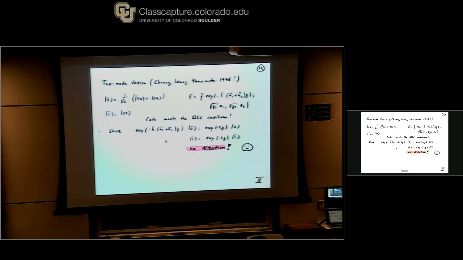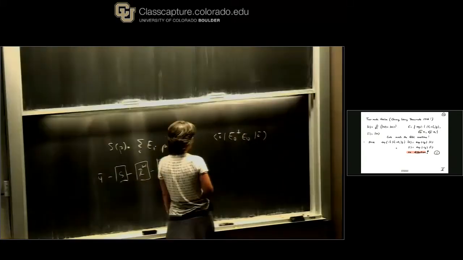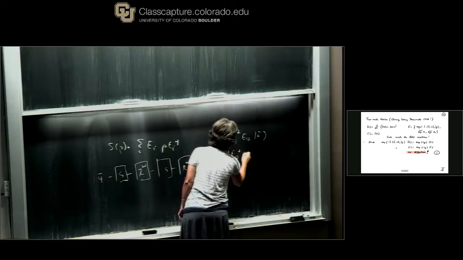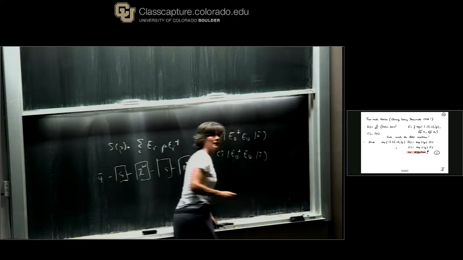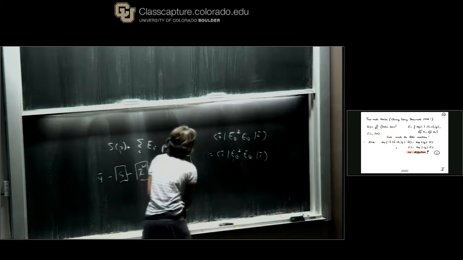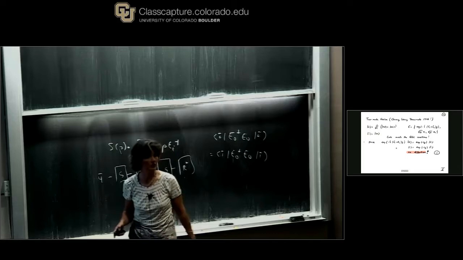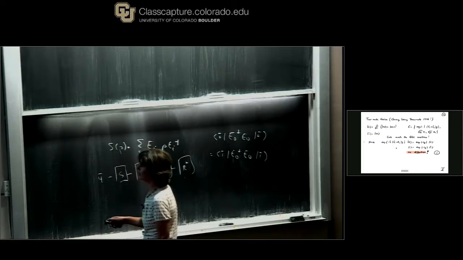So if I look at something like E0 dagger E0 on 0, 0, that's just this prefactor, and it's the same as E0 dagger E0 on 1, 1. Because E0 just gives you this prefactor in front of it, and it's the same prefactor.